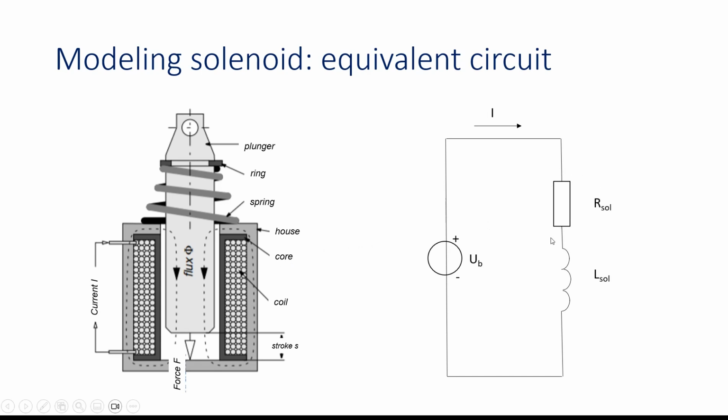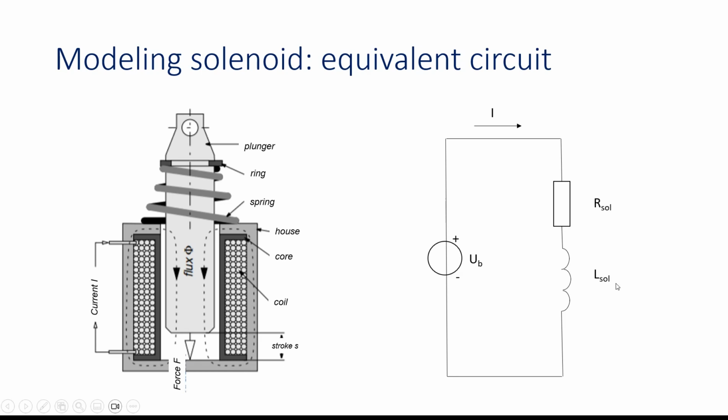So we have a coil over here, which is L, and a series connection of resistance, the resistance of the copper wires of these windings. And what we have seen is that the inductance value is not a constant value because it depends on that mu factor, the magnetic permeability.